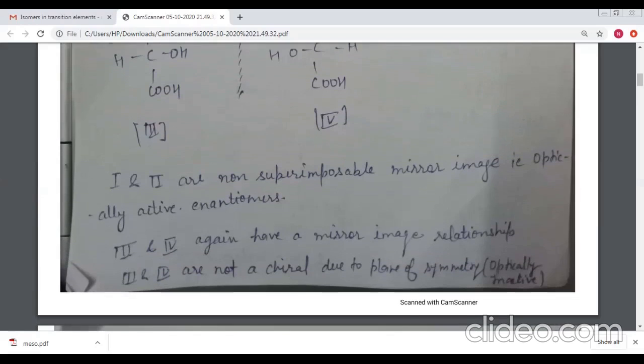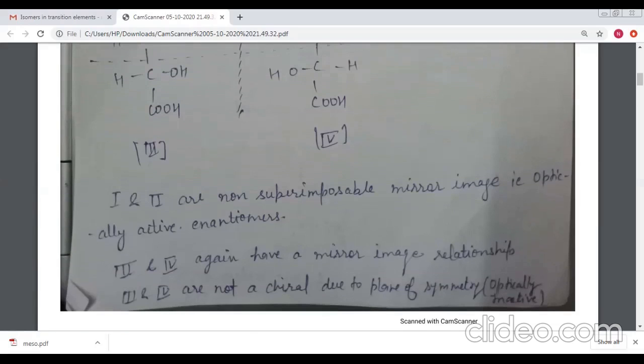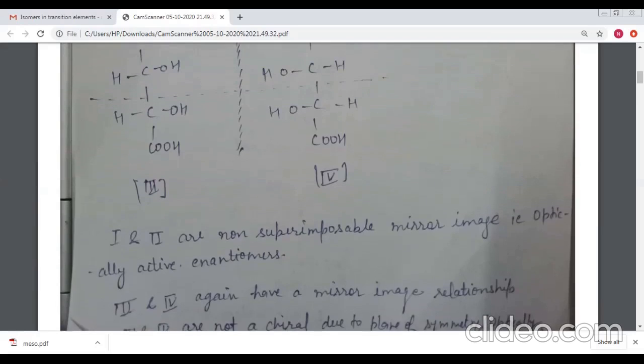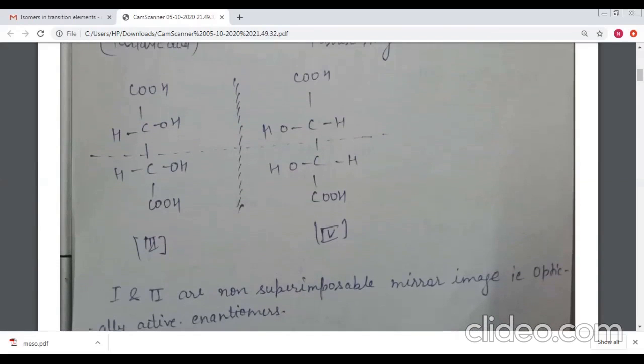But when we see structure number 3 and 4, they are not chiral. Why? We can see that they are not chiral compounds, because in this compound there is a presence of POS, the plane of symmetry.